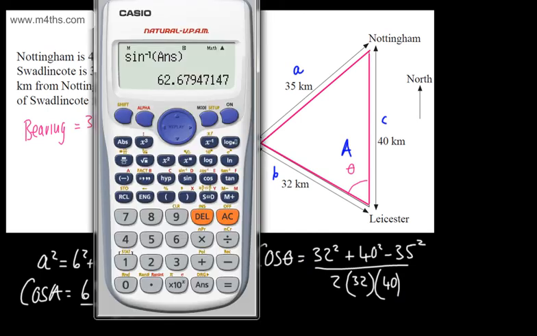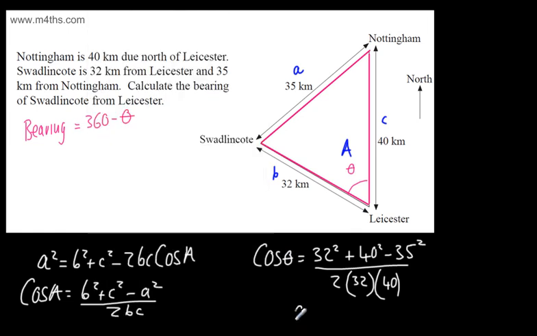So if we do that, we're going to have now 32 squared, plus now the 40 squared, minus the 35 squared, and we're going to divide this now by 2 times by 32 times by 40, and that gives us that cos theta is 0.54 and so on and so forth. So cos theta is equal to 0.54 dot dot dot.